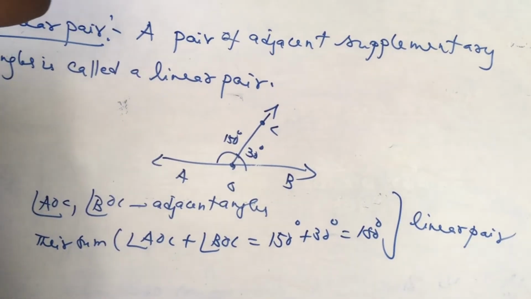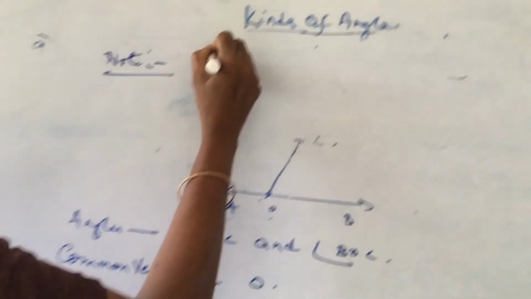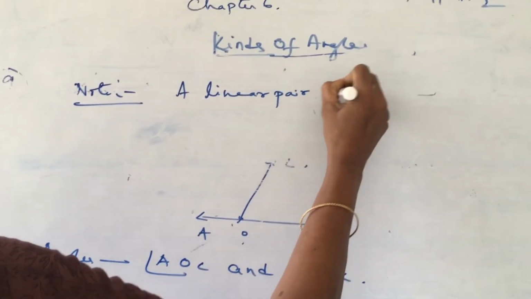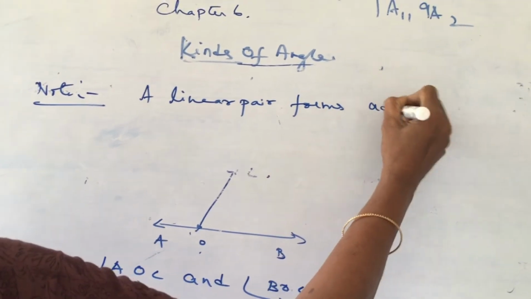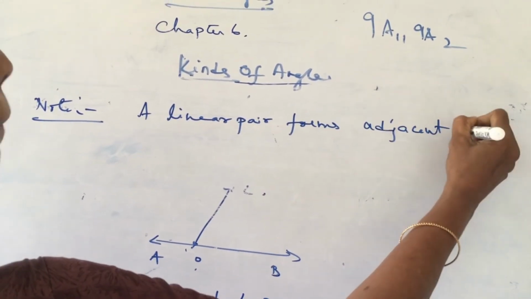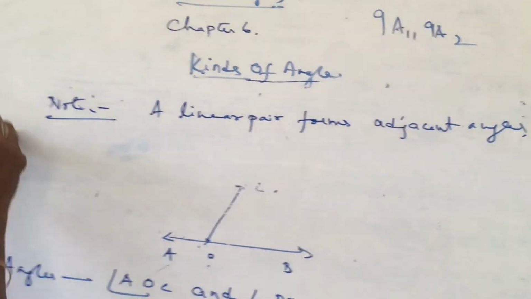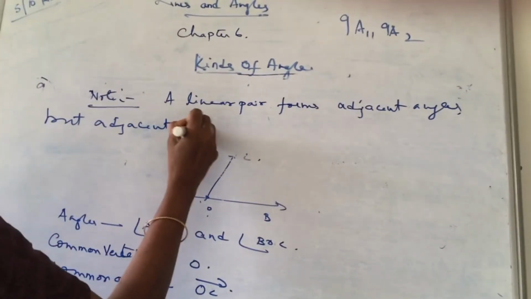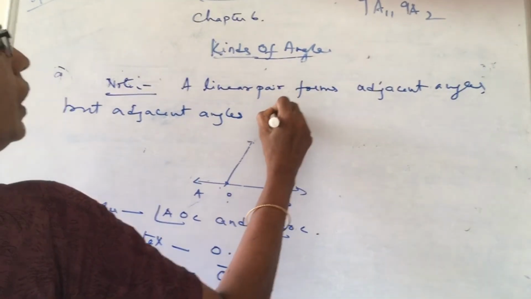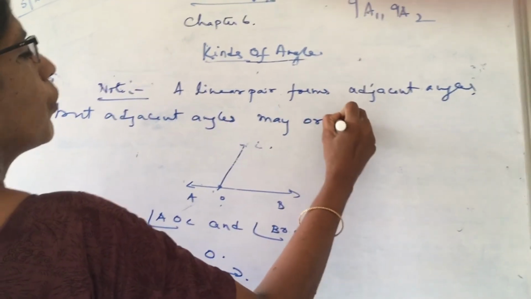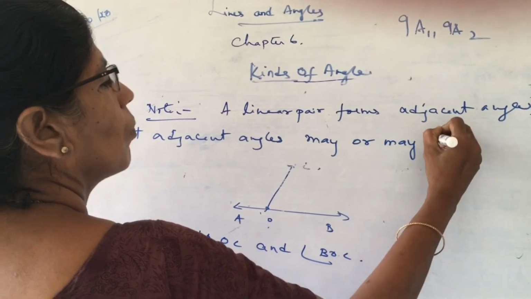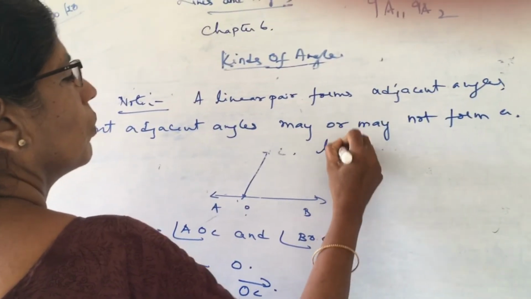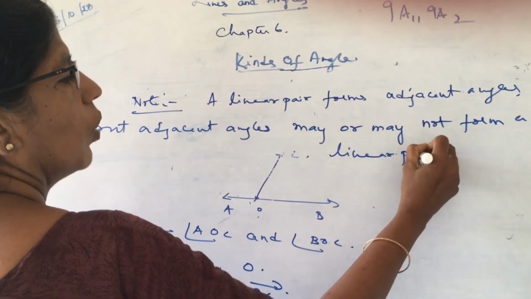Note, a linear pair forms adjacent angles, but adjacent angles may or may not form a linear pair. I hope you have followed, children, all of you.